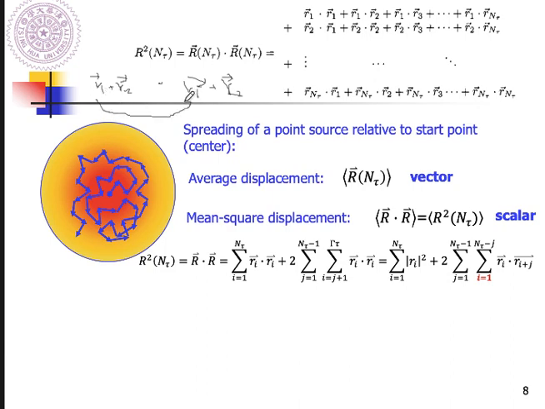So you will get r1 times r1, r1 times r2, right? R1 times r1 plus r1 times r2, r2 times r1, and also plus r2 times r2.